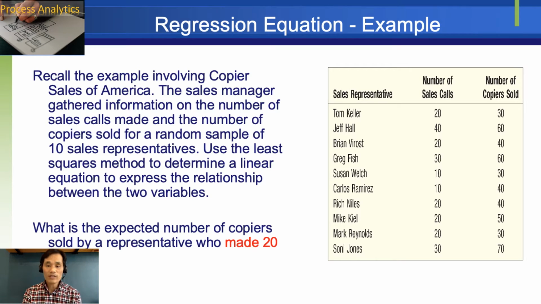Since we are assuming that there is only one factor or independent variable, we can go ahead and calculate the intercept and the slope by finding the mean of copiers sold, the mean of sales calls, the standard deviation of sales calls, the standard deviation of copiers sold, and finally the correlation between sales calls and copiers sold. You put them into the formula and you can find the simple linear regression.